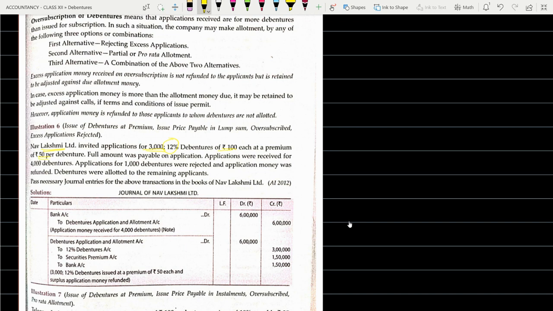Full amount was payable on application. This is the one which is going to determine the payment mode. So it is a lump sum method. What method is this? It is a lump sum method.